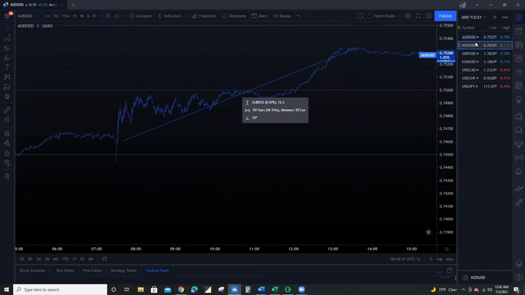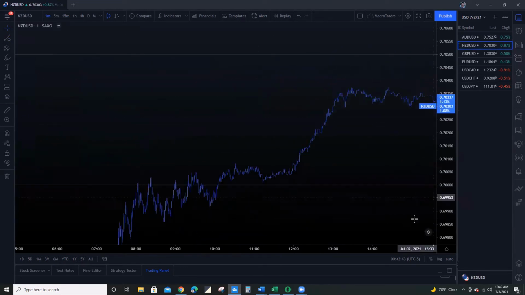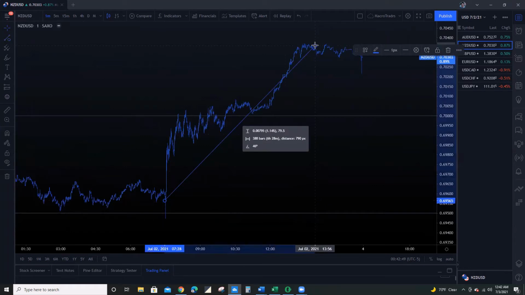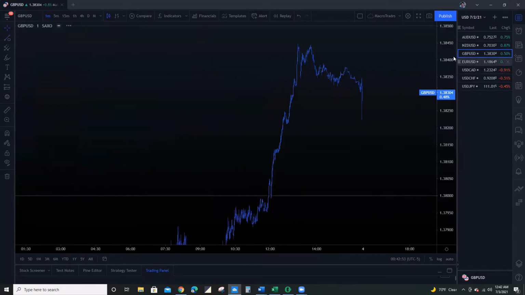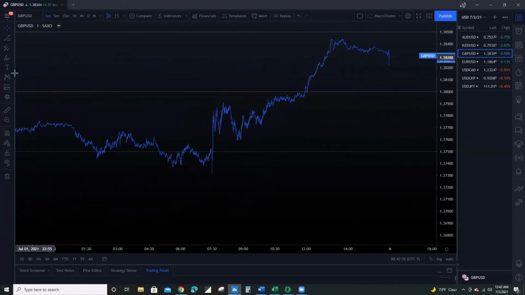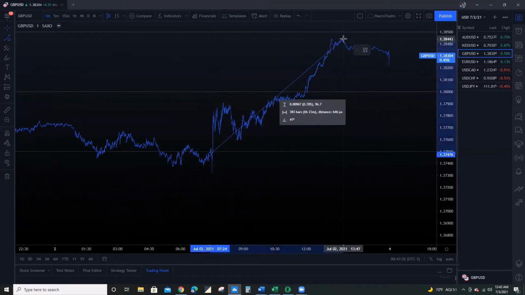This looks about the same. Move right here, 79.5 pips, a little bit further. And this could go on next Monday or could reverse. 96 pips, so this was a little bit longer.